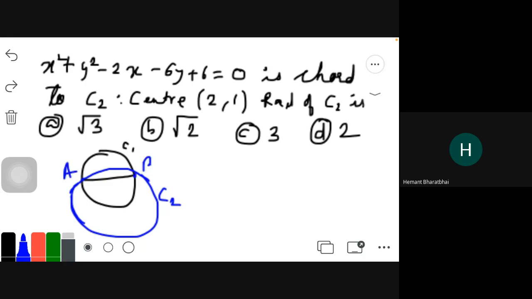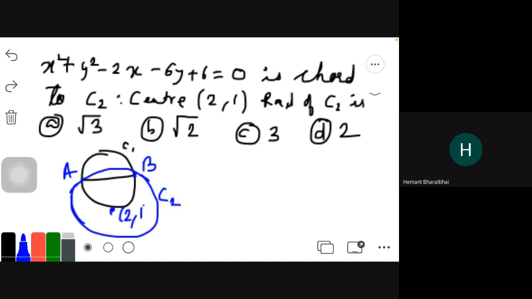Let me denote these points as A, B. And the center of this circle is also given to us as 2 comma 1. Then I have to find out the radius of this particular circle C2. I hope you have understood the question. I hope the question is clear to all.